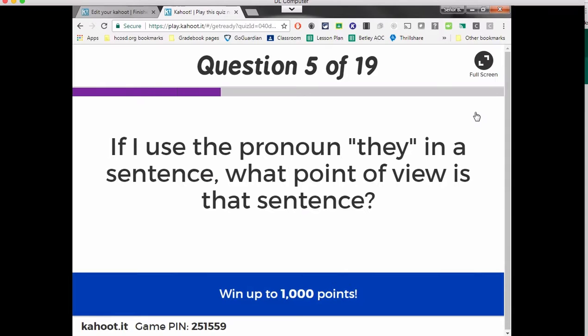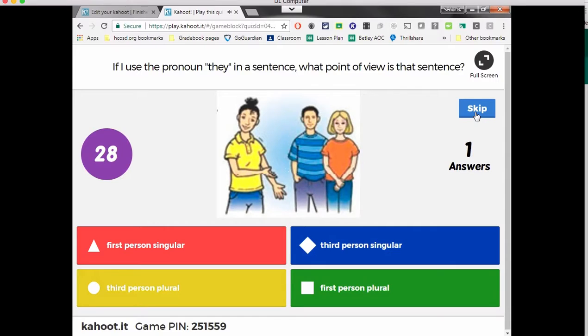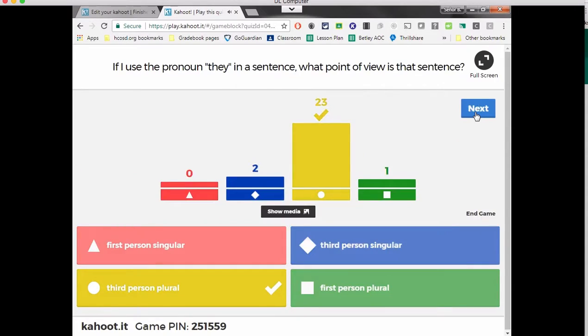About they. What point of view is they? Third person plural.